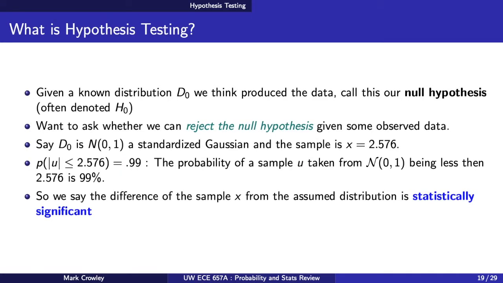So what is hypothesis testing, which is this mechanism that gives us significance?